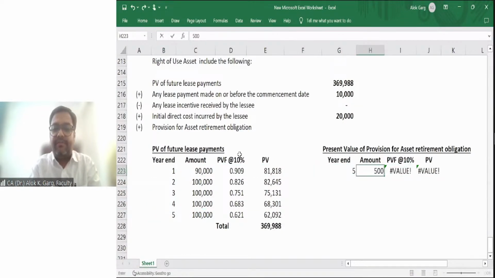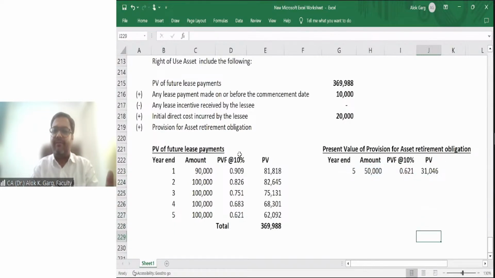Amount is 50,000. The present value factor at the rate of 10% at the end of 5 years is 0.621. And what is my present value? I hope you are all comfortable with this calculation. How I have arrived at the present value of provision for asset retirement obligation? Clear? So this 31,046 will be my present value of future asset retirement obligation.